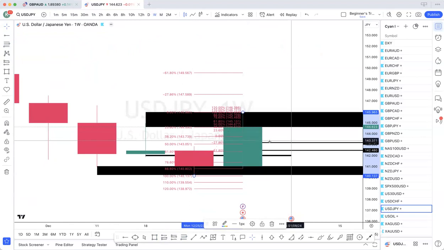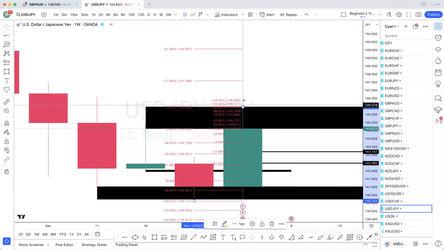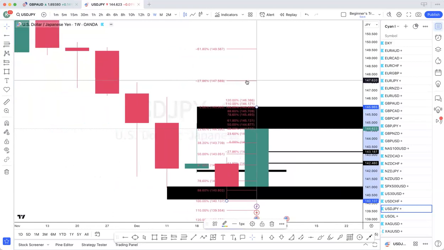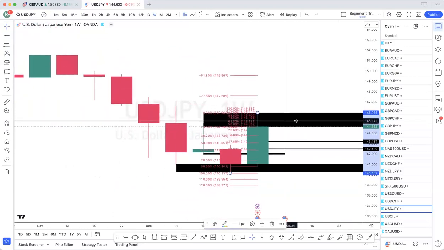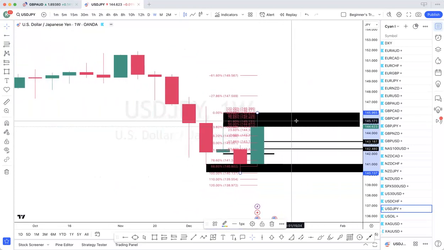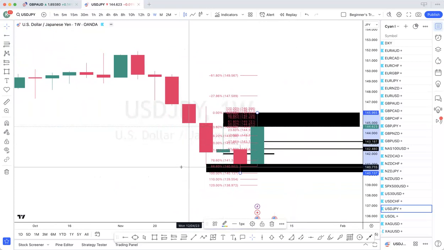So this may come back down to here or here, maybe even here, because this was the level of support and resistance that I marked up on the 1 hour, and then start pushing up to the negative 27, or even the 618. I got it right at 142.850, somewhere in that area. 142.